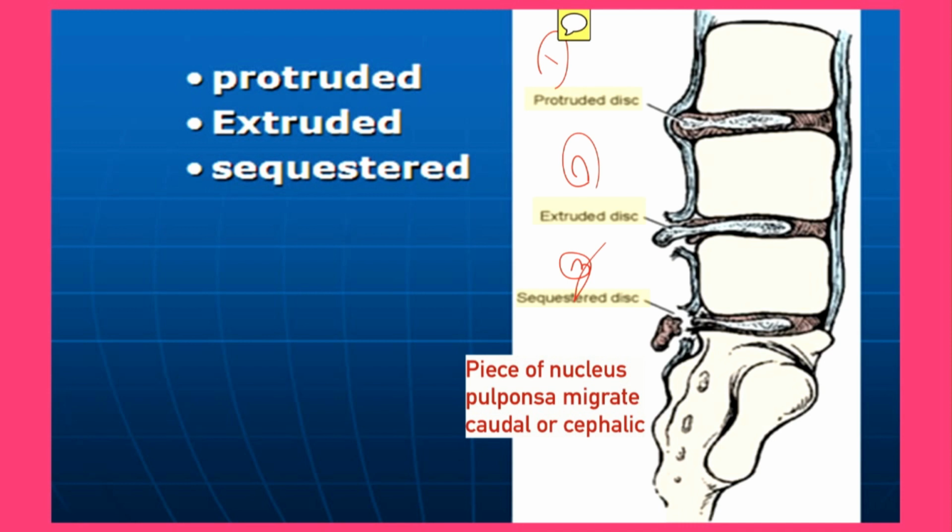So in the disc prolapse, we have protruded, we have extruded, and we have sequestrated disc, according to the mechanism that is triggering this type of disc prolapse.